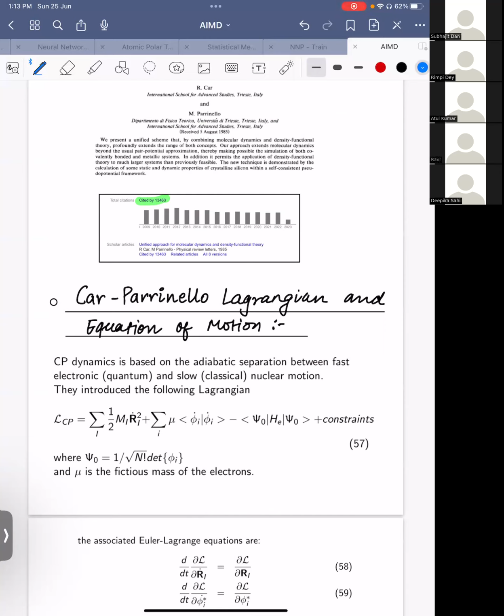So they propose this Lagrangian. Here, this is the kinetic energy part of the nucleus. This is for the electron. This is the potential, which is averaged over the electronic wave function. And this is a constraint, such as the orbital orthonormality. This is some fictitious mass.